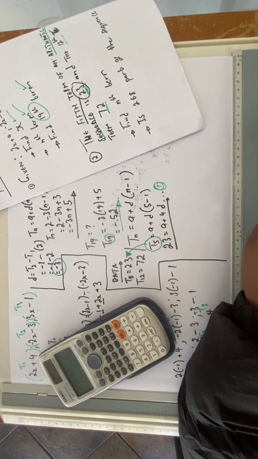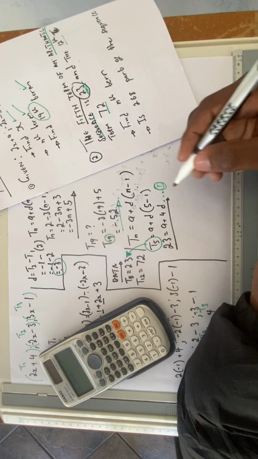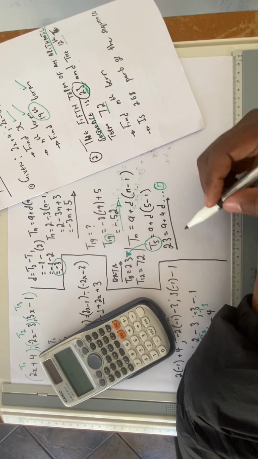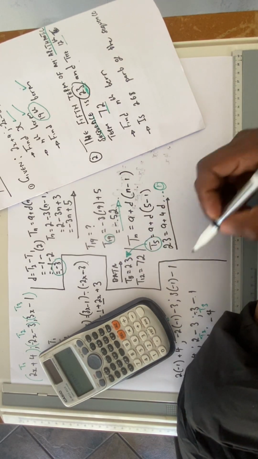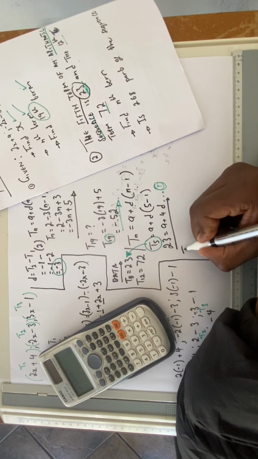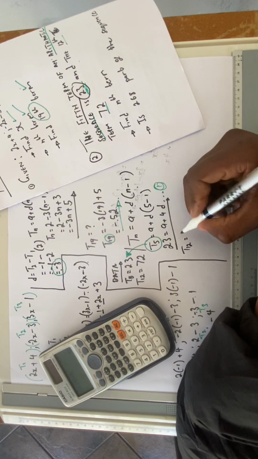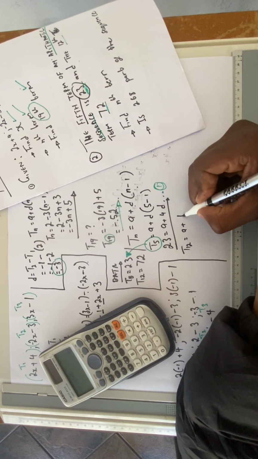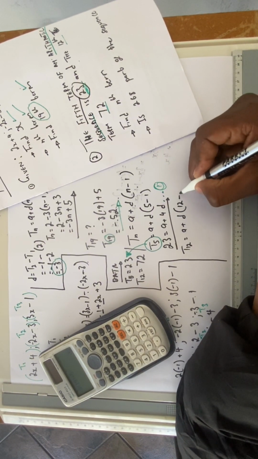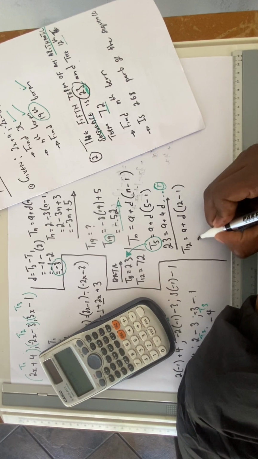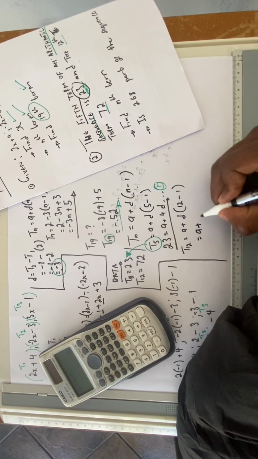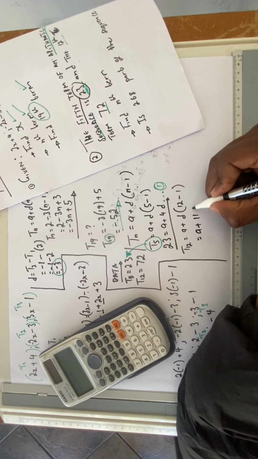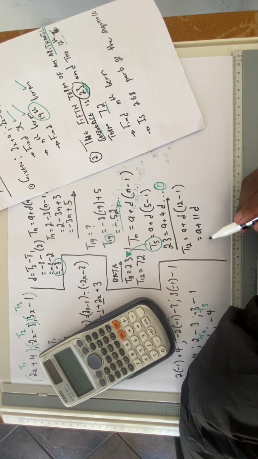Okay, now that I have my equation number 1, let's do the same for term number 12. So T12 is going to be A plus D, open bracket, 12 minus 1. Then I'm going to end up with A plus 11D.